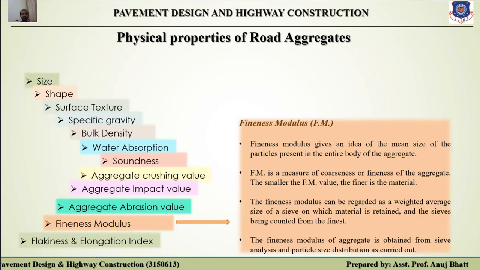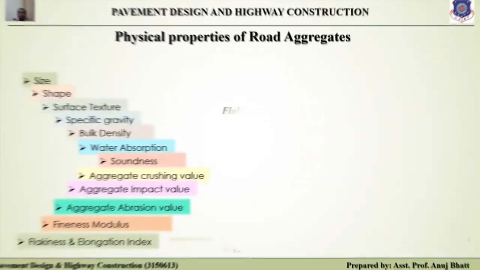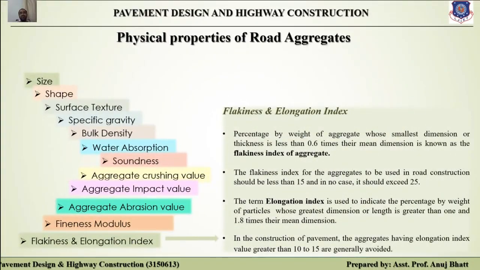The next and last physical property of aggregate is flakiness and elongation. The percentage by weight of aggregate whose smallest dimension or thickness is less than 0.6 times their mean dimension is known as the flakiness index of aggregate.